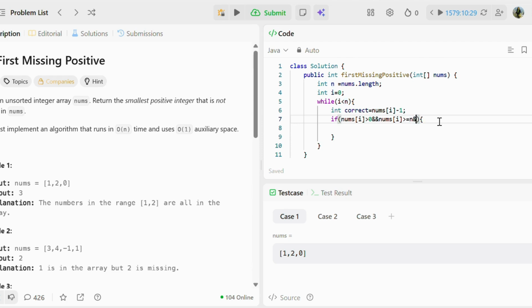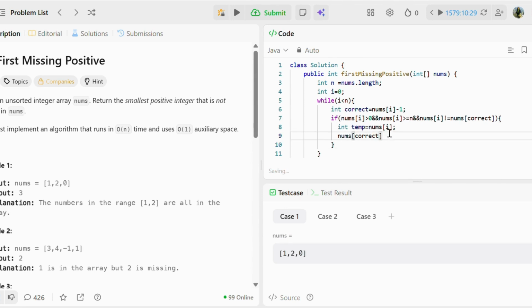And then after that, our main base condition, that if nums of I is not equal to nums of correct, yes, we have checked, because we are checking just if the number is already at its correct index, then we don't have to swap it, right? If it is not equal, then only we have to swap. So now let's swap. Int temp equals nums of I, then nums of I equals nums of correct, right?